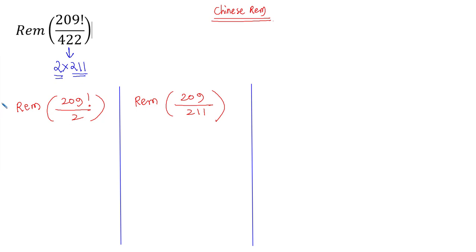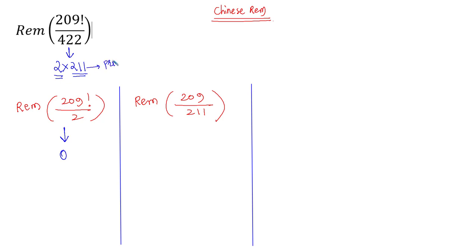When we divide it by 2, the 2s get cancelled out. Whenever the denominator gets cancelled out, the remainder is always 0. So when 209 factorial is divided by 2, the remainder is 0.